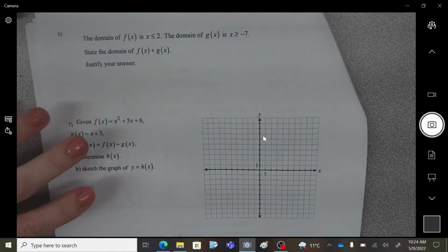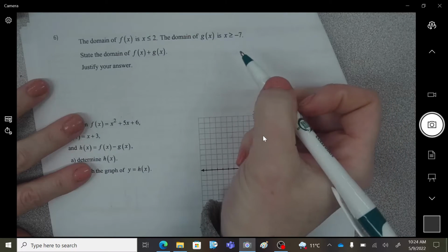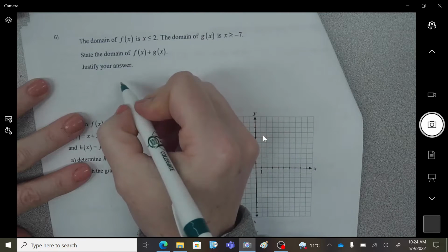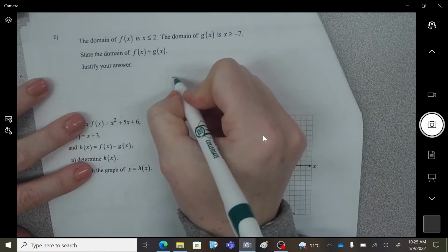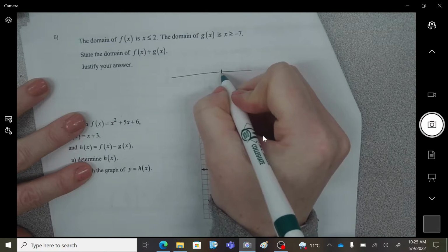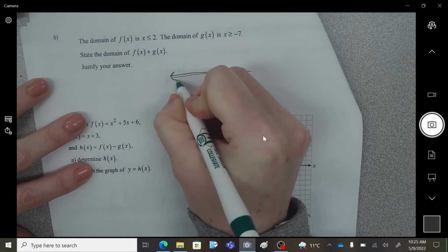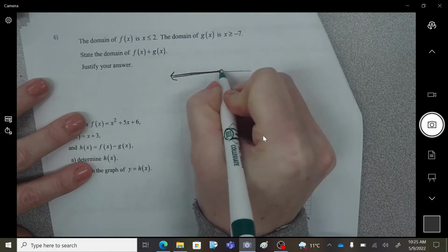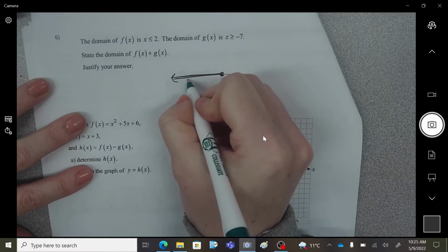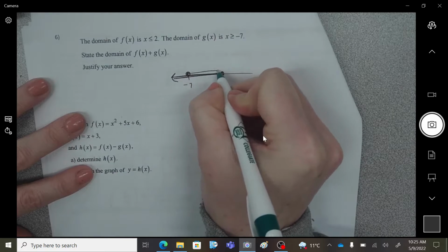So the f function has a domain less than or equal to 2, and then the g is greater or equal to negative 7. State the domain when we add them together. Okay, so on a number line, if we do 2, we're here, and less than that, that's where the f function is, and then the g is from negative 7 to infinity.